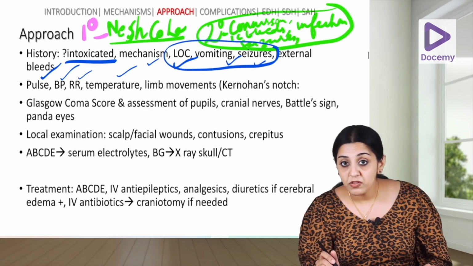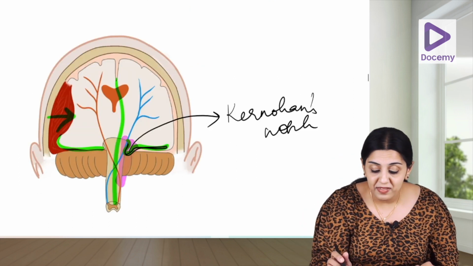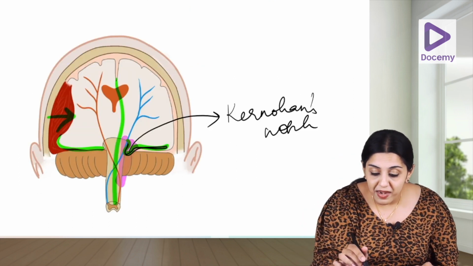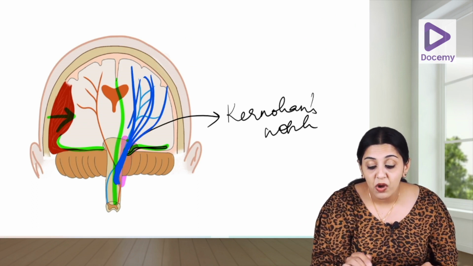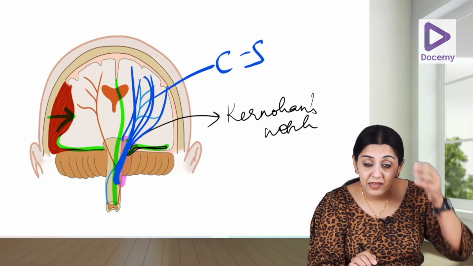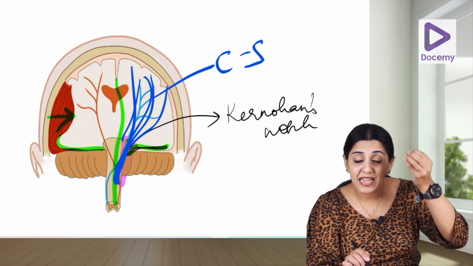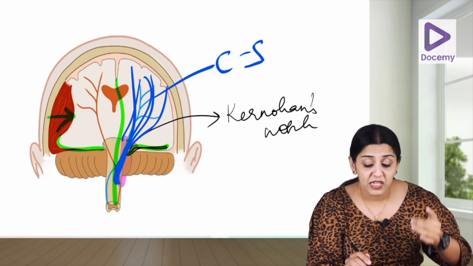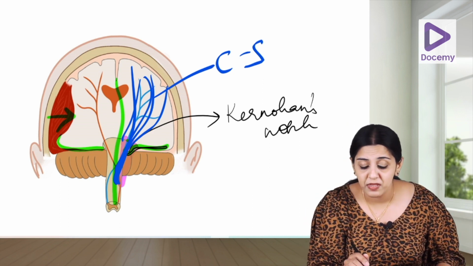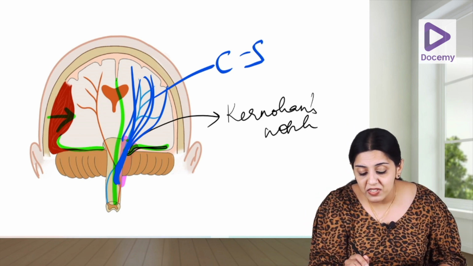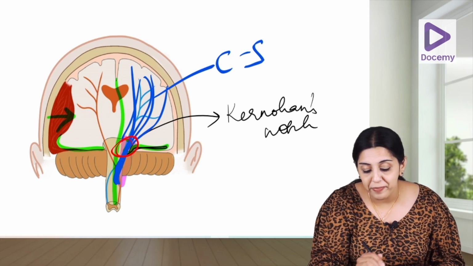Now what happens is that this part of the brain may be filled with a lot of structures, nerves, especially the corticospinal tract, the nerve tracts which begin from the cortex to the spinal cord and thereby give the innervation to the limbs. Now when they are under stress at this point, what will happen?